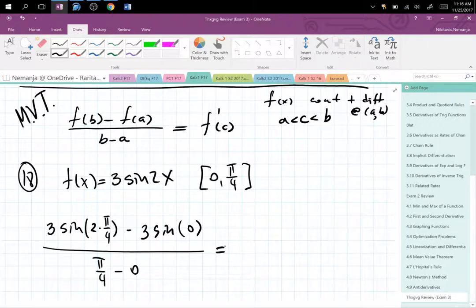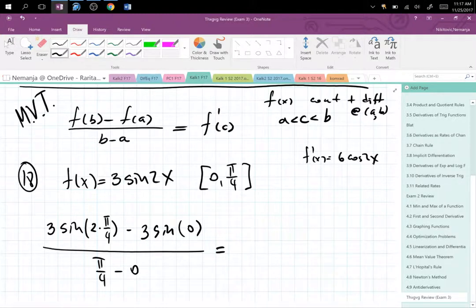Now you can find the derivative in terms of x on the side. It is 3 copy, and then the derivative 2 jumps out. So 6 cosine 2x. That will be the derivative, because the chain rule will kick 2 outside. There is already 3, so 3 times 2 is 6.